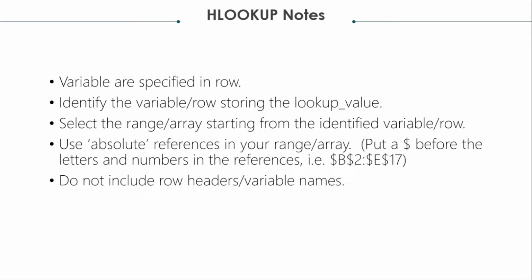After selecting that range, there is need to make it an absolute reference so that there will not be a shift in the range reference. You also need to note that there's no need to include the headers, that's the variable names, while selecting the range. Let's practicalize what we have just said.